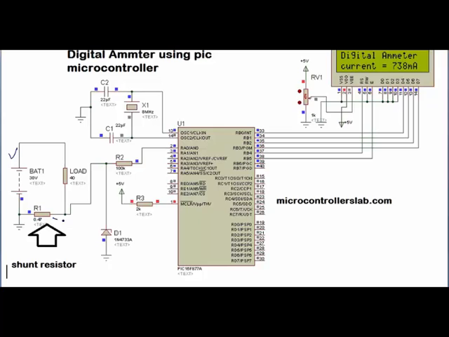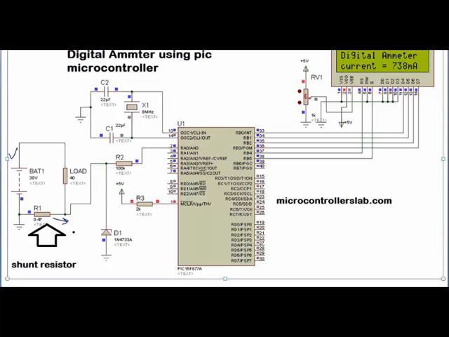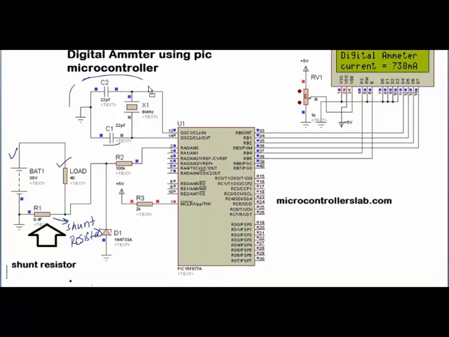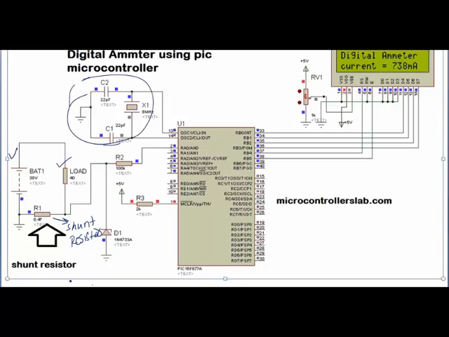This is the shunt resistor, and this is our load, and this is the circuitry for the oscillator, and here we have connected the LCD, and we are using the PIC16F877A microcontroller.